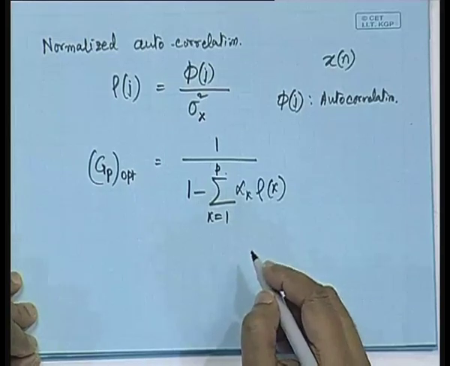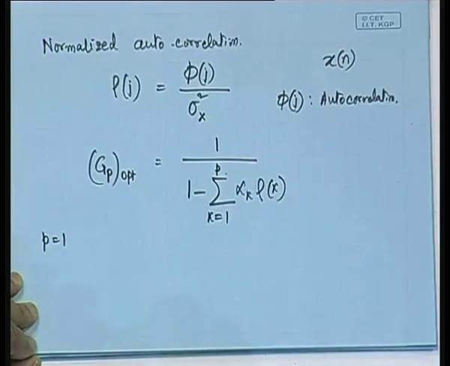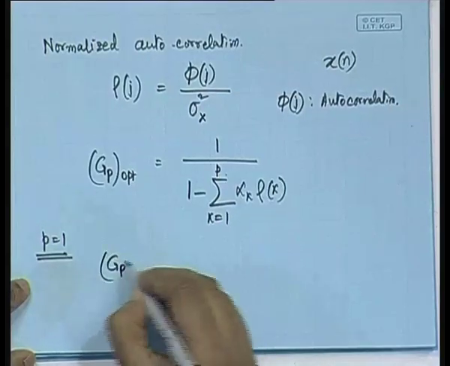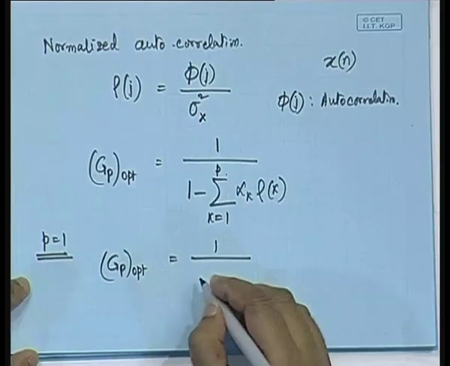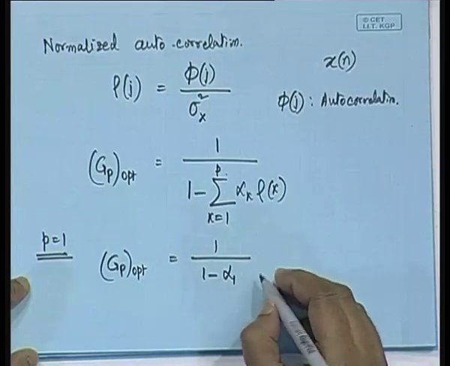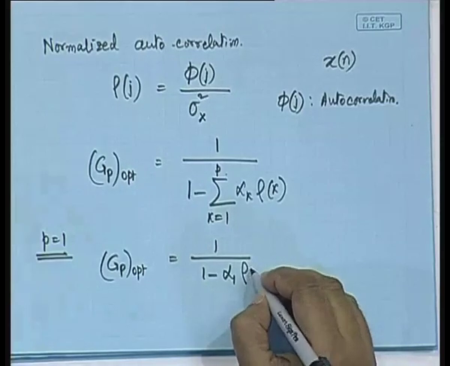So, now we take a very simple case, p is equal to 1, where we are considering the contribution from the immediate past sample only. We are not considering the contribution from even the second past sample or beyond. Under the case of p is equal to 1, we can have a more simplified expression of the GP optimal, given as 1 upon 1 minus alpha 1 rho of 1.